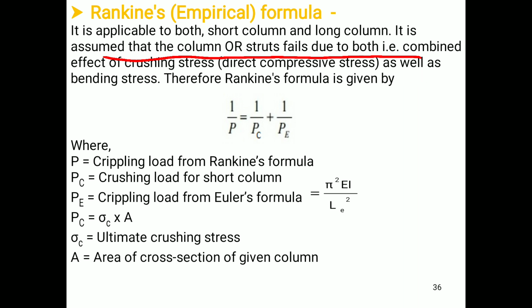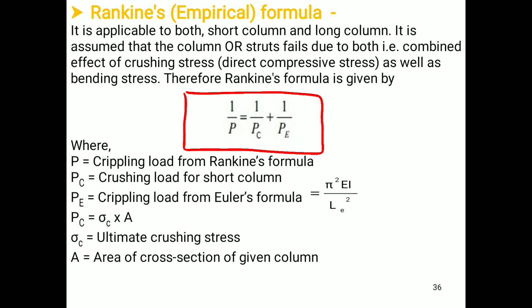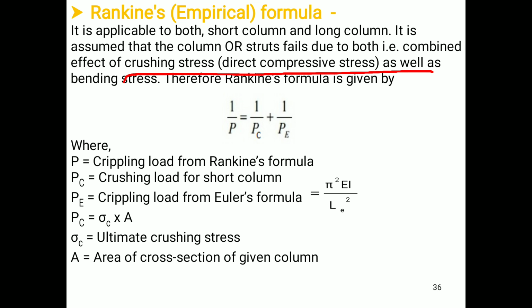Therefore the Rankine formula is given by 1 upon P equals 1 upon Pc plus 1 upon Pe. As per this statement, Rankine formula is applicable to both long column as well as short column. Therefore, the failure of the column will take place due to the combined effect, that is crushing as well as the crippling or bending stress.